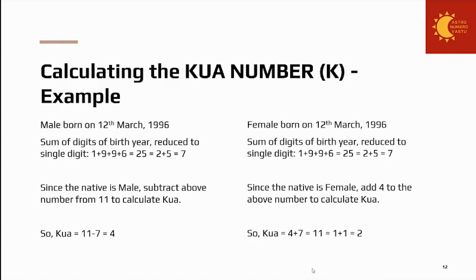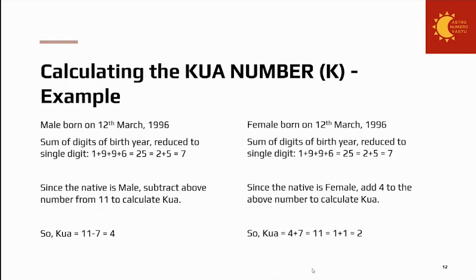Now see this specific case. A male born on 12th of March 1996 and a female born on 12th of March 1996. Both this male and female are born on the same date. If you recall, the calculation of driver and conductor will come out to be the same because we use a common formula for driver and conductor. So D and C of both male and female will be the same.